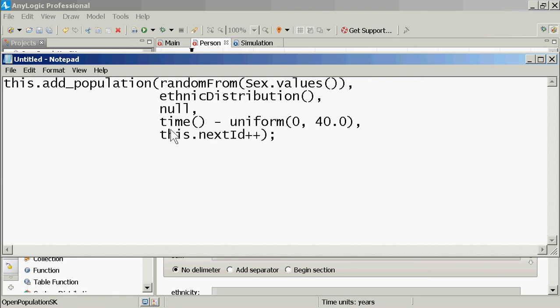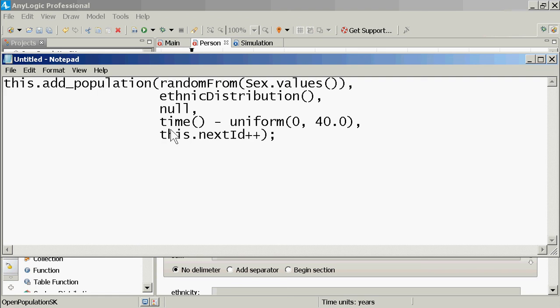So if the current time is time 20, and they were born 10 years ago, then the birth time was 10. We're doing it backwards because they were born some amount of time ago. This is the current time. They could be as old as 40 years old, I'm saying, or they could be as young as 0. If they're 40 years old coming in right now, and if it's time 50, then they were born at time 10.